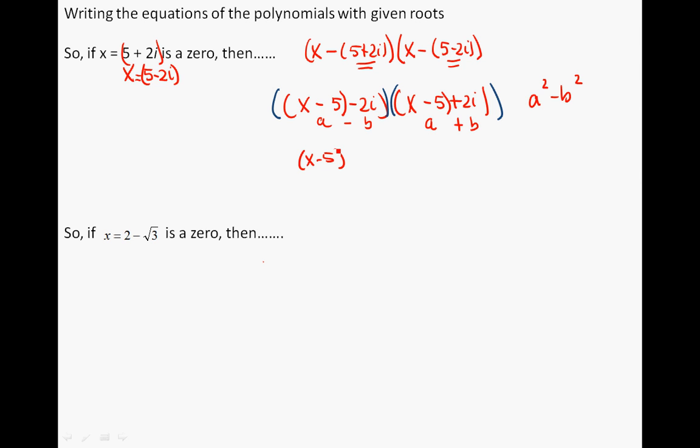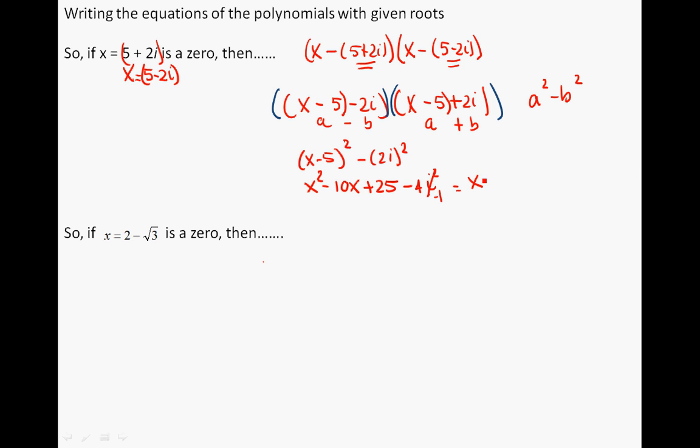So you can just write this then this way. This is x minus 5 squared minus 2i is b, so 2i squared. X minus 5 squared is x squared minus 5x twice, that's minus 10x, and a negative 5 times a negative 5 is a positive 25. And then here you get minus 2 squared is 4, and i squared is also written as a negative 1.